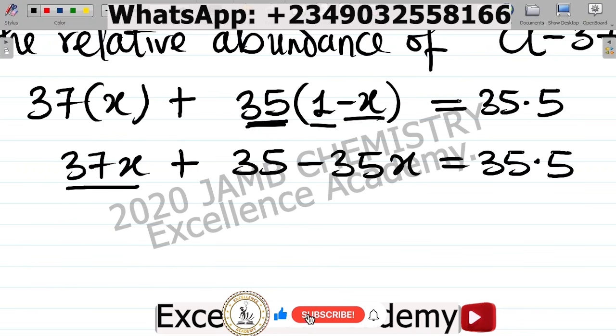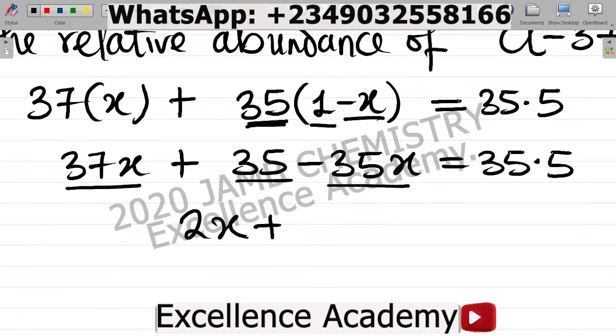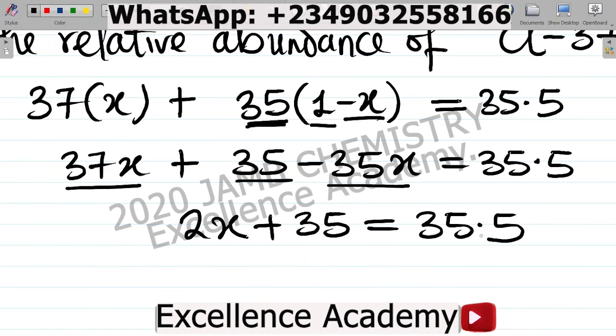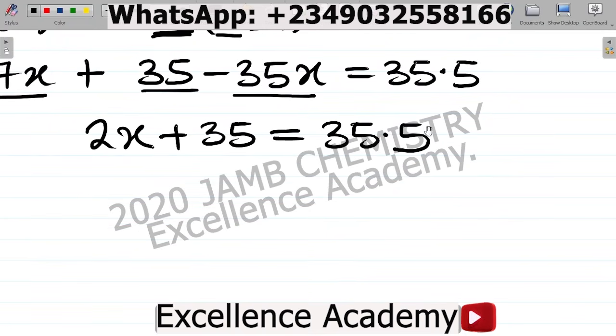Next up, you have 37x minus 35x, and that gives you 2x. Then this one here plus 35 is equal to 35.5.